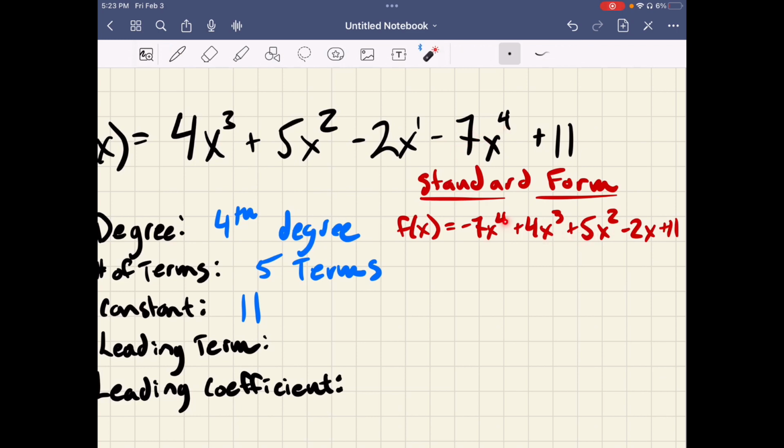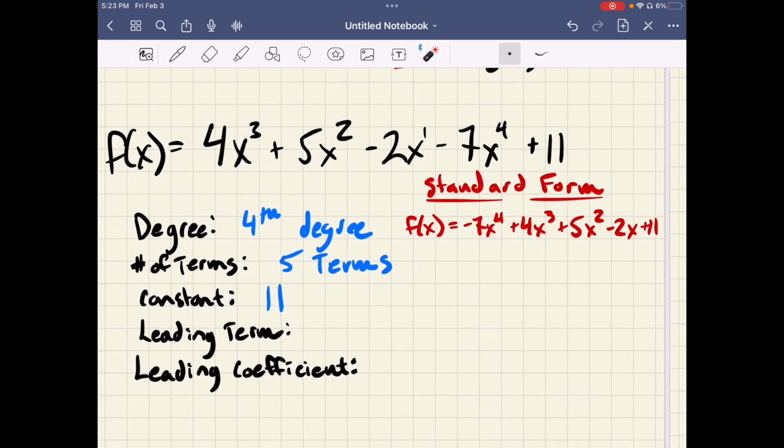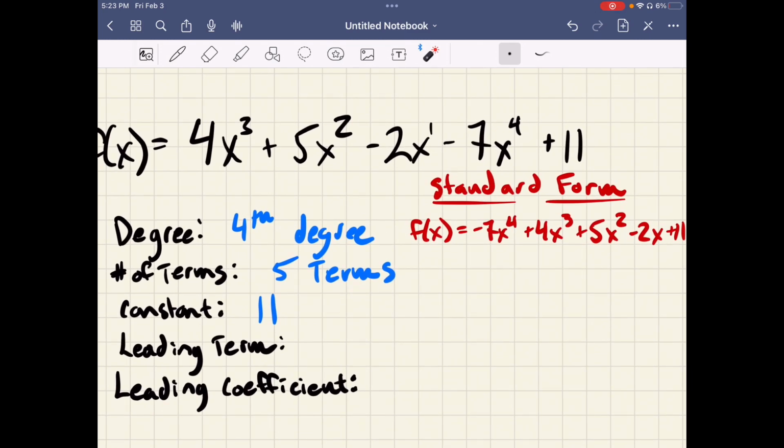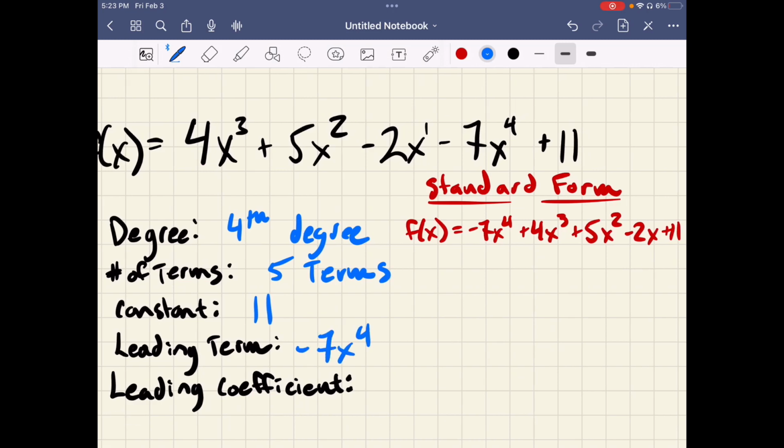If you notice, I have 4, 3, 2, and then my invisible 1 exponent here, and then the 11, which is my constant, with no variable. Now, in standard form, my leading term is the minus 7x to the 4th.